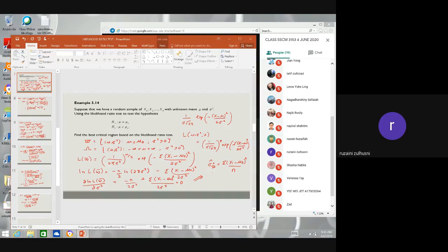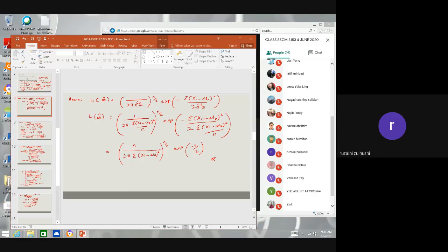So omega is all the values of the parameter, because there is no restriction. So L omega, the likelihood for omega, you put the likelihood, you replace mu equals to mu naught. But still we have sigma square. So to estimate sigma square, you take the ln, differentiate with respect to sigma square, you get sigma square hat given as summation xi minus mu naught square over n. Okay, after that, you estimate your likelihood for small omega, replace by sigma square hat, and then simplify, you get this term.